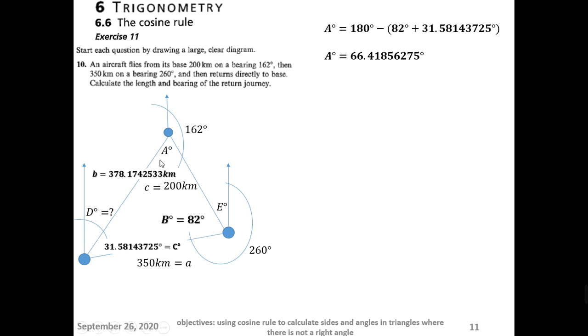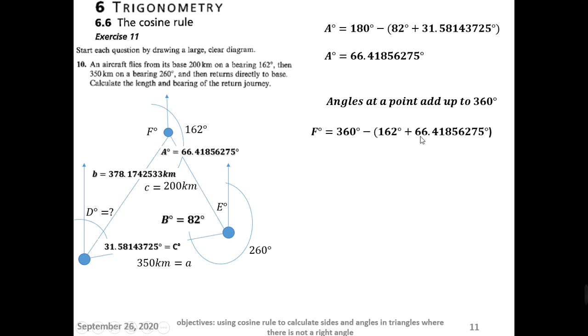Now, since we found angle A, let's place it on the diagram here. We know the 162 and we know the A. Let's name, so angles at a point here add up to 360. If we name this angle as F, so 162, A and F are angles at a point, and angles at a point add up to 360.